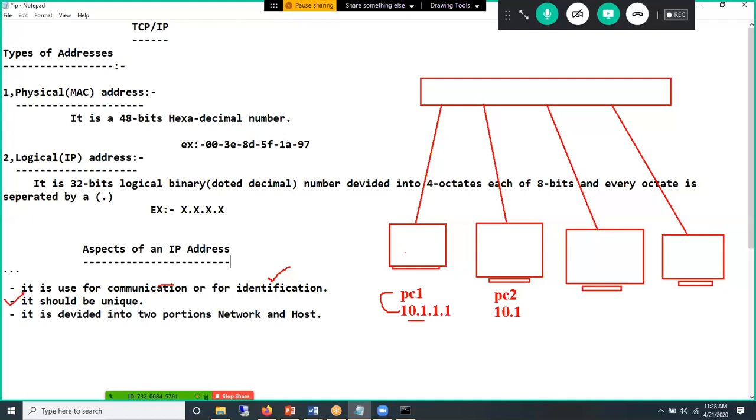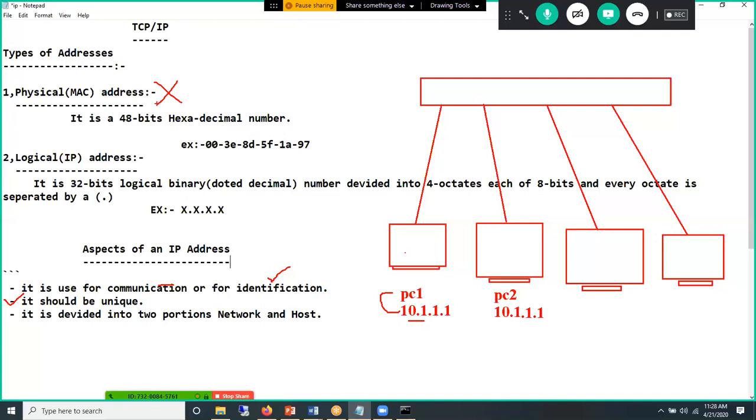The next very important point is that an IP address should be unique. What do you mean by unique? One more thing regarding MAC address, I didn't say anything.